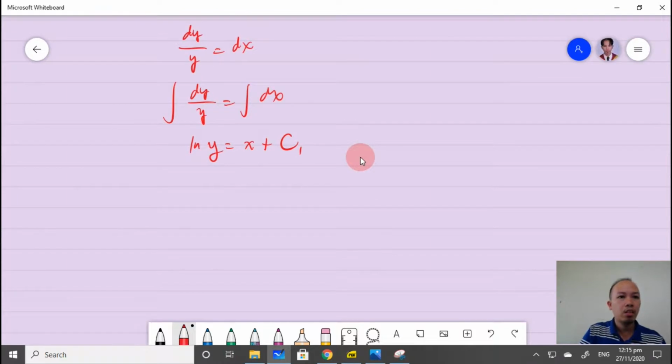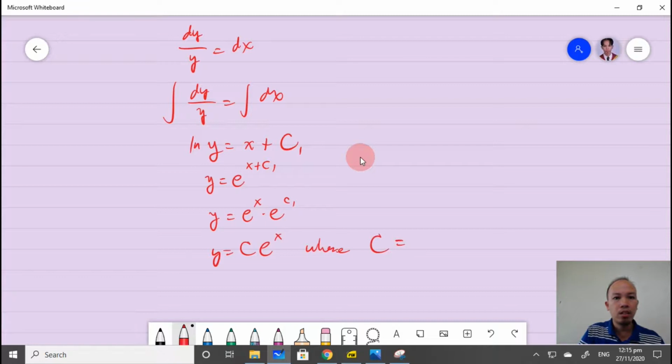Okay, and then y is equal to e to the x plus c1, and we can write it in this form, e to the x times e to the c1, and then we can write it again in this form where our capital C is e to the c1.